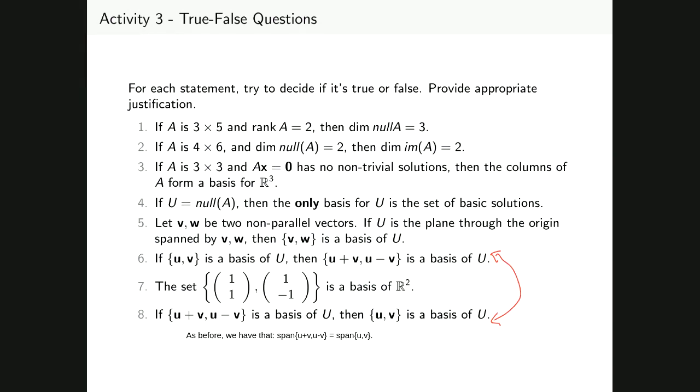We have that these are the exact same span. So these three questions, I think, will help you get your notions about spans and bases, because all three of these are pretty intimately related questions.